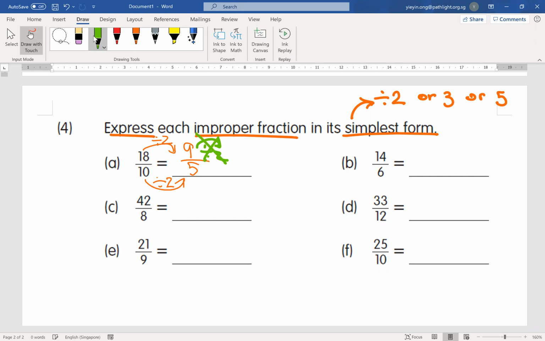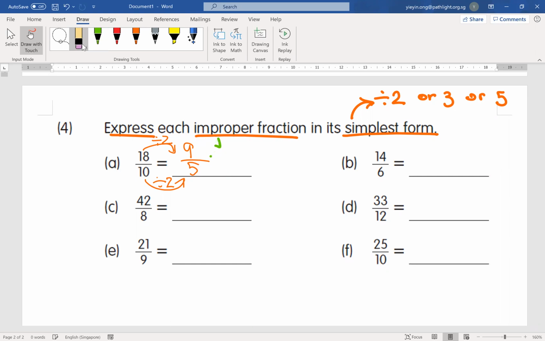No. Can 9 divide by 3 to give me a whole number? Yes. So when I divide the top by 3, I need to divide the bottom by 3. Can 5 divide by 3 to give me a whole number? No, 5 is not in the 3 times table. So you cannot divide by 3 because you need to divide top and bottom equally. Then you try the next. Can you divide by 5? Can 9 divide by 5 to give a whole number? No. Okay, so you are done.